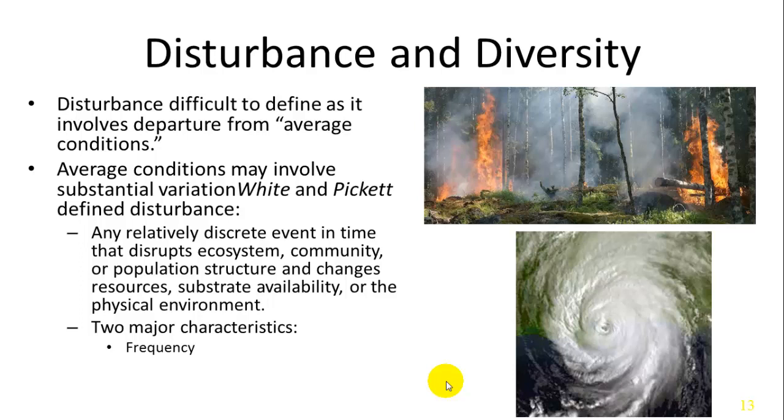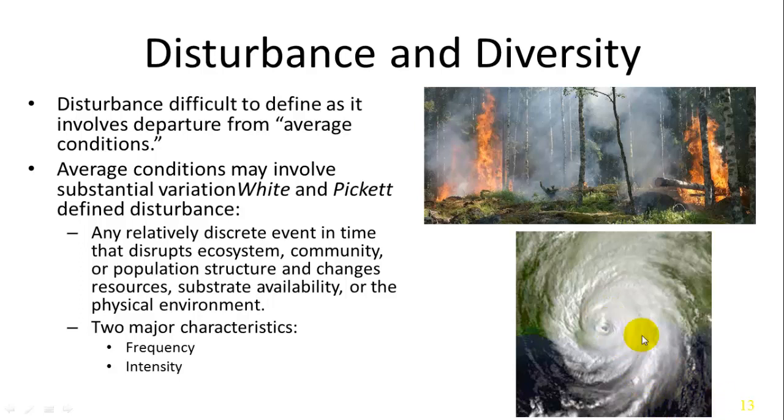So there are two major characteristics which define an ecosystem in reference to disturbances: how often the disturbance occurs and how intense it is. Okay, so a good example of that can be fires or hurricanes along the southeast.